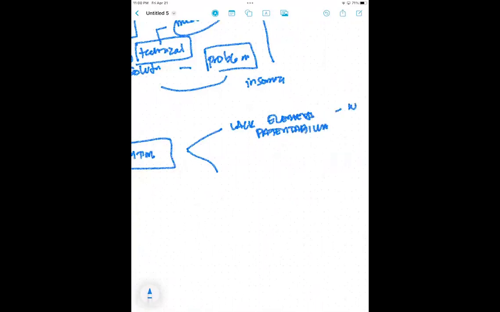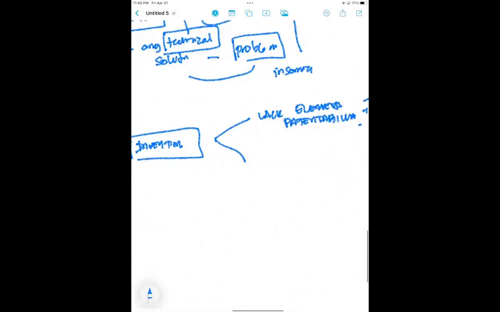Sabihin, hindi siya new, wala siyang inventive step, at wala din siyang industrial application. Any of these three elements will deny the patentability of such invention.